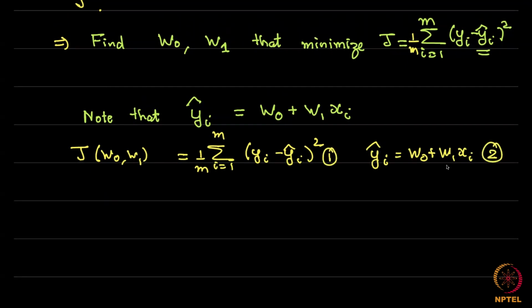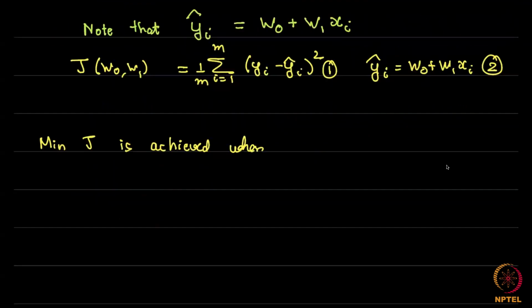Now, when we have two variables like this, W0 and W1, and we want to minimize J, the minimum of J is achieved when del J del W0 is 0 and del J del W1 is 0.